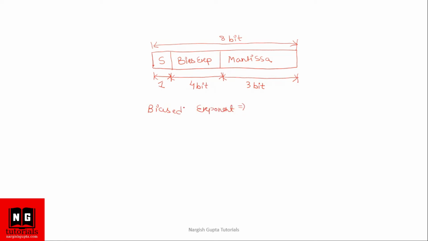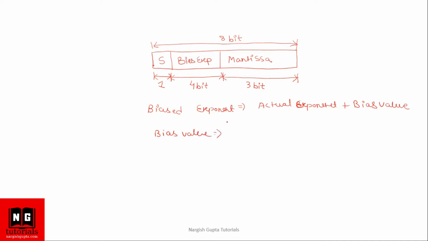Now let's discuss what this biased exponent is and how we get its value. The formula of the biased exponent is the actual exponent plus the bias value. And how do we get this bias value?